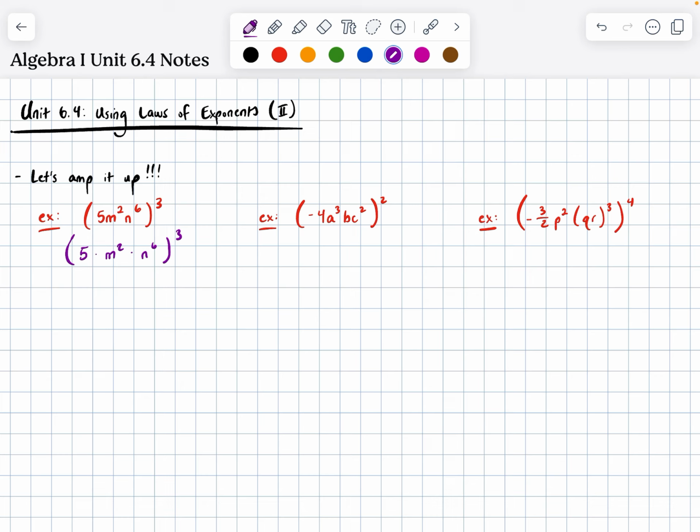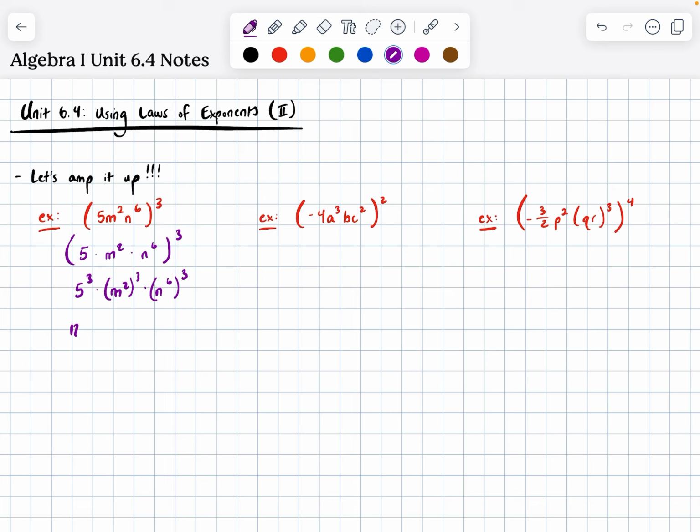Now that I do that, I know that I can take that exponent of 3, and whenever I have a product of things multiplying together, I can take each factor and individually assign it to that exponent. So from here, it makes it more obvious that I'm cubing each of these factors.